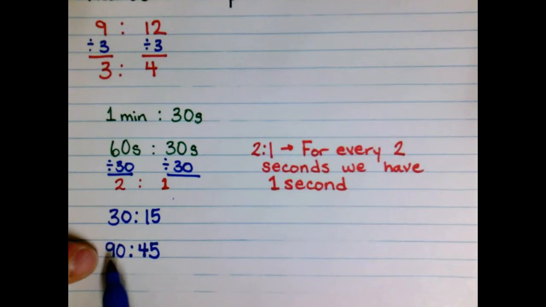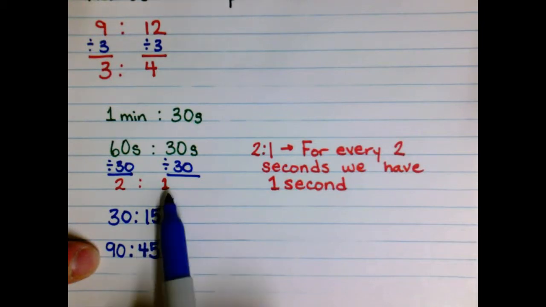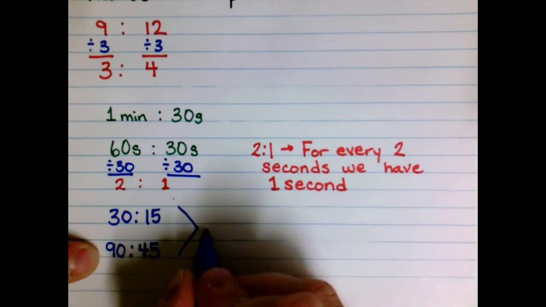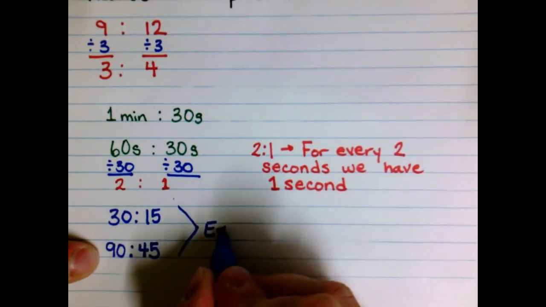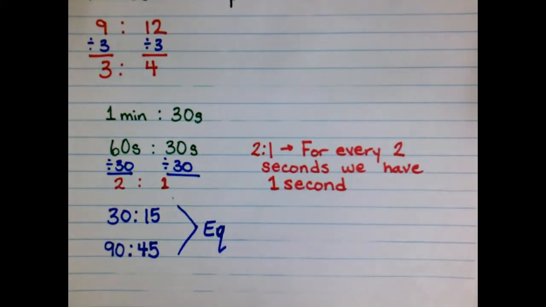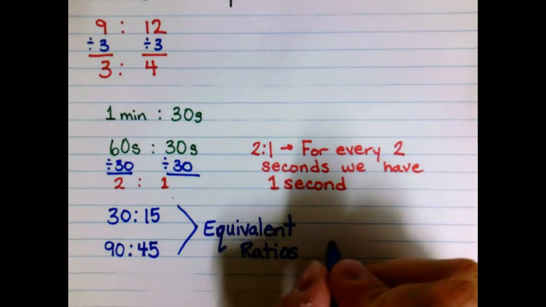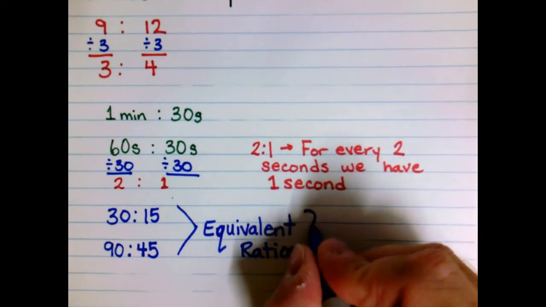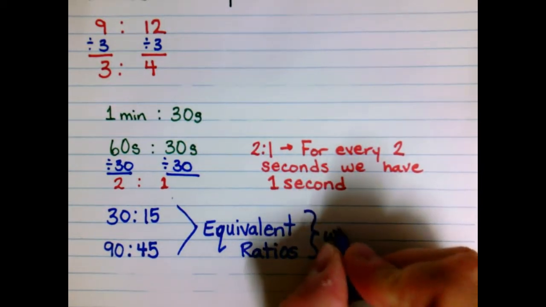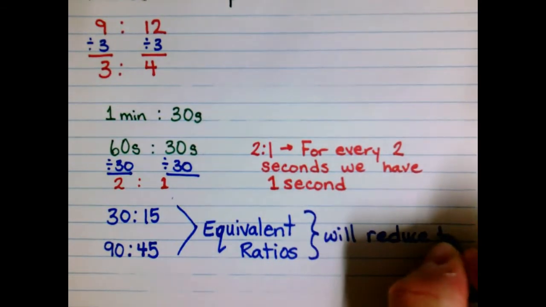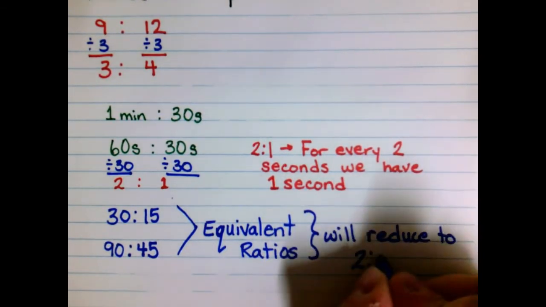Take, for example, 90. 90 divided by 45 would give us 2, and 45 divided by 45 would give us 1. So these are equivalent ratios, and we can say that they will reduce to 2 to 1.